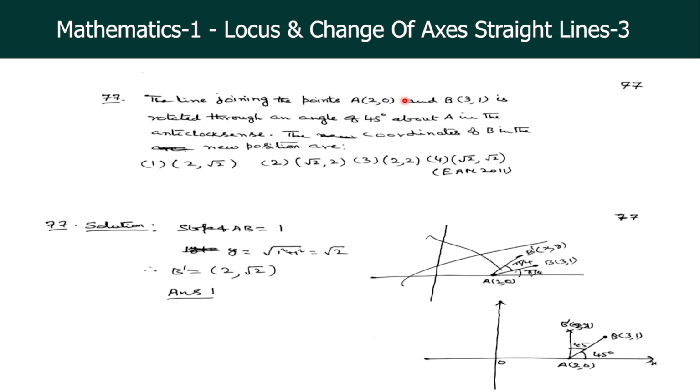The line joining the points A(2, 0) and B(3, 1) is rotated through an angle of 45 degrees about A in the anti-clockwise sense.